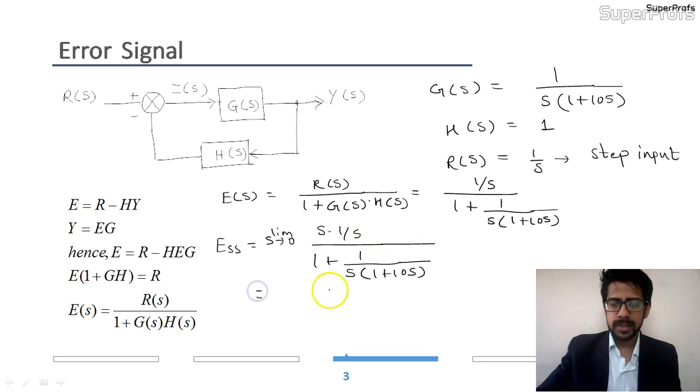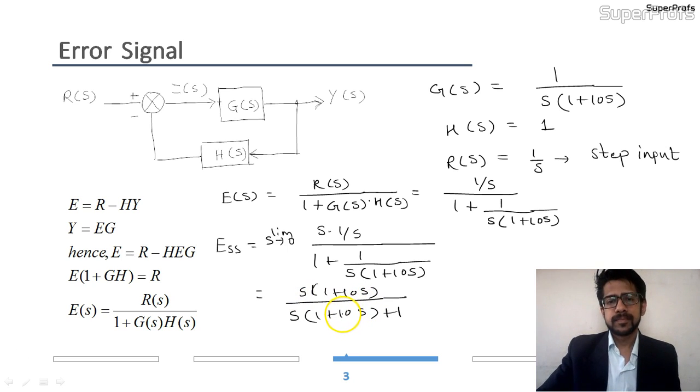So this would be 1 upon s into 1 plus 10s plus 1, and in the numerator you will get 1 plus 10s into s.